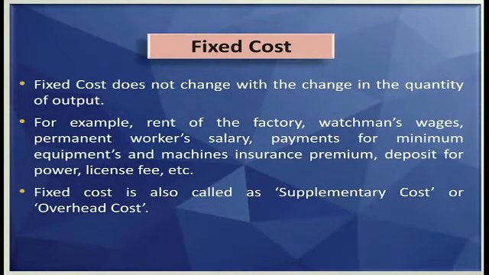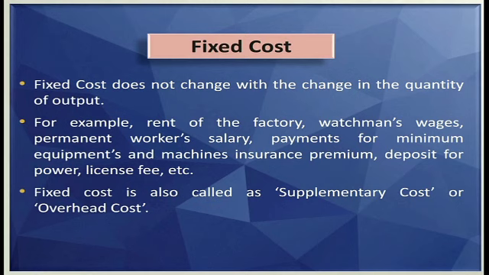Next, fixed cost. Fixed cost does not change with the change in the quantity of output. In other words, expenses on fixed factors remain unchanged irrespective of the level of output, whether the output is increased or decreased, or even it becomes zero.